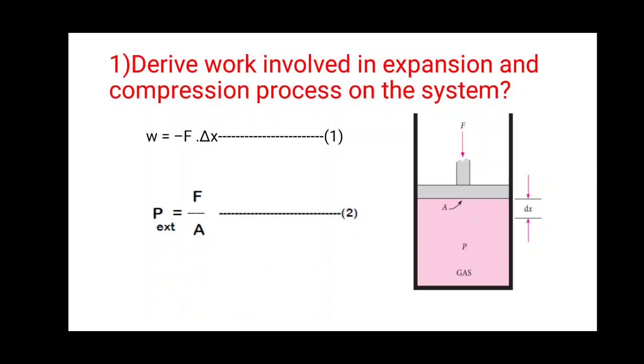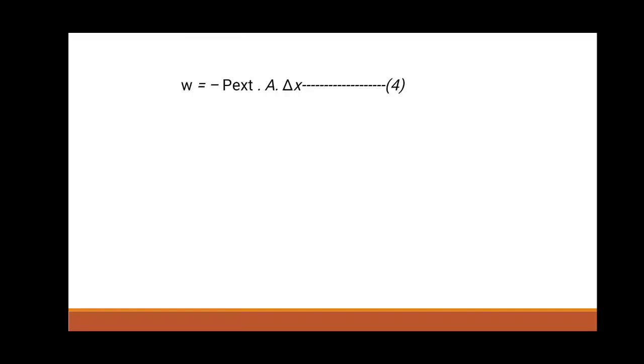Just to substitute the 2 in 1, we can get force equal to pressure multiplied with the area, the external pressure. So W equal to, in the place of force, just substitute pressure into area, minus dx. This is equation 4.